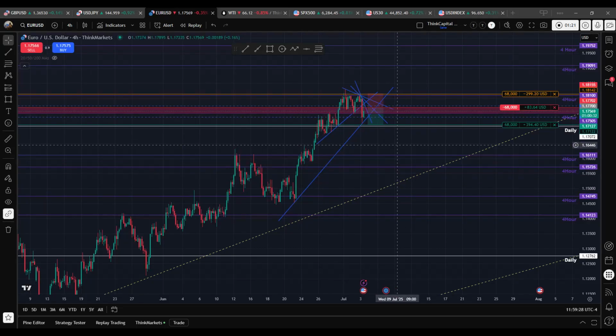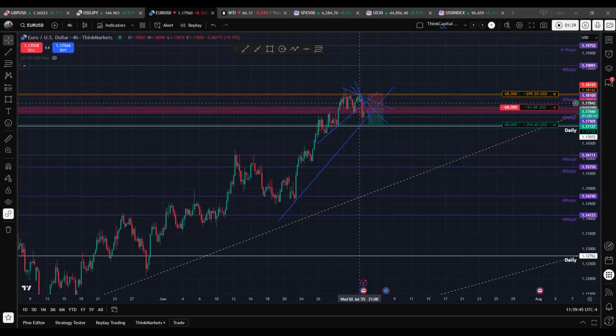And these blue trend lines are my 4 hour trend lines. This one, I can connect these two together, and I could connect these together, and as you can see, this got broken, right?